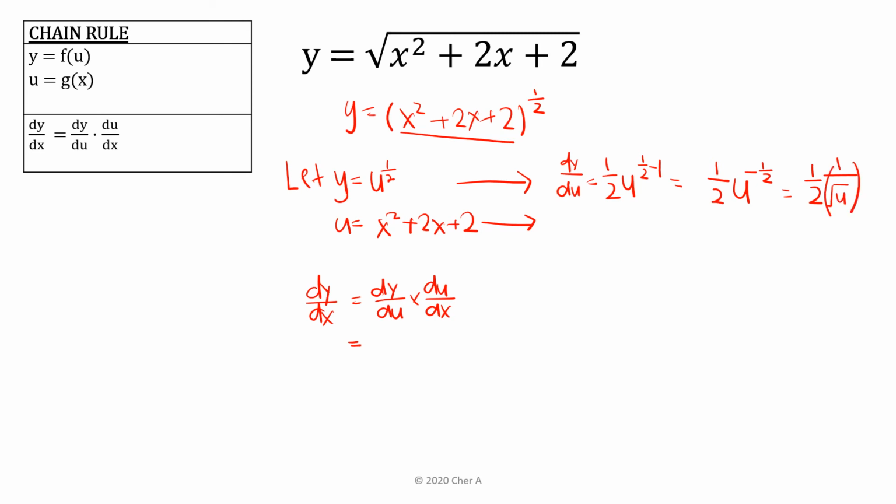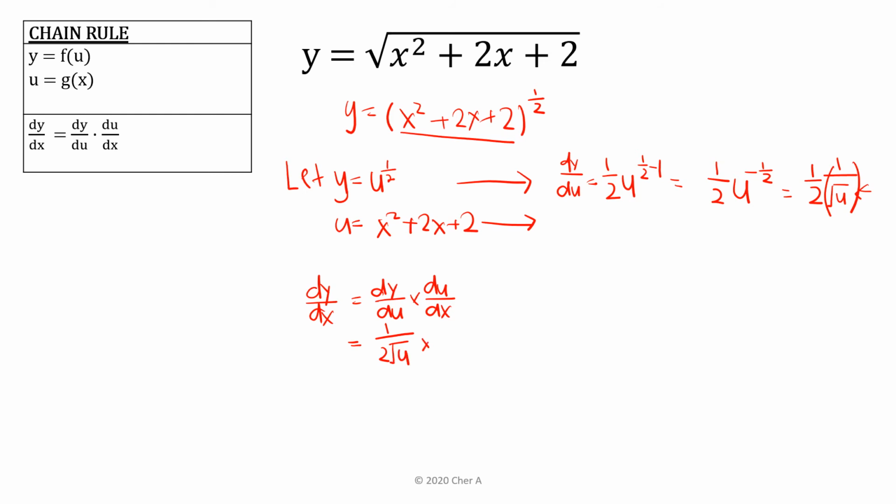What happened here is, since it is a negative power, I'm going to put it down into the denominator, and since the power half is square root, my u becomes a square root u. Okay, so my dy over du is 1 over 2 square root u.